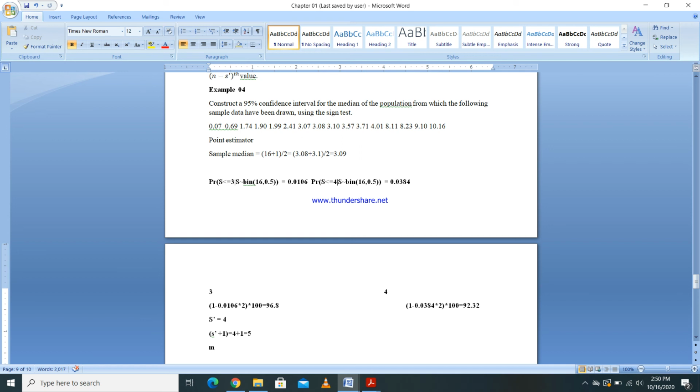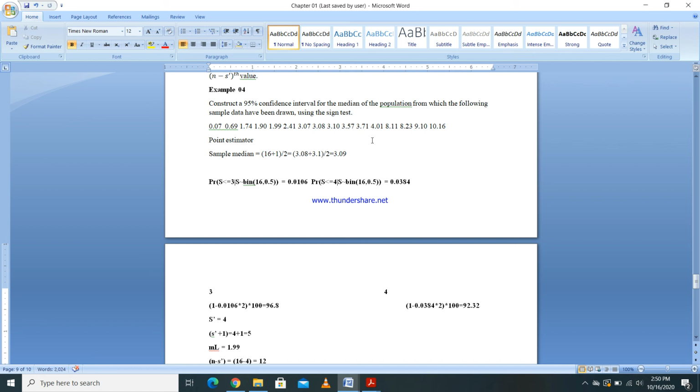So my lower limit value is 1.99. And for n minus S dash, I have 16 observations in the sample minus 4, that is equal to 12.